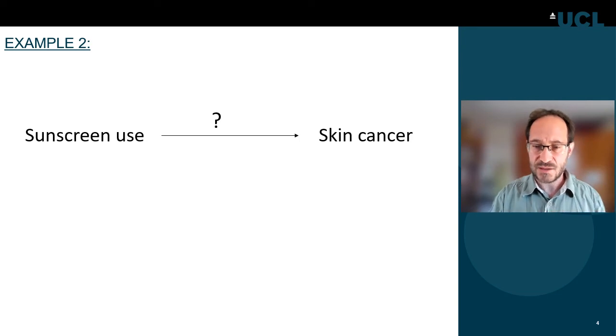Don't we use sunscreen exactly in order to avoid developing skin cancer? If sunscreen use increases the risk of skin cancer, we should not use sunscreen at all. But is there another potential explanation that may be responsible for this finding?